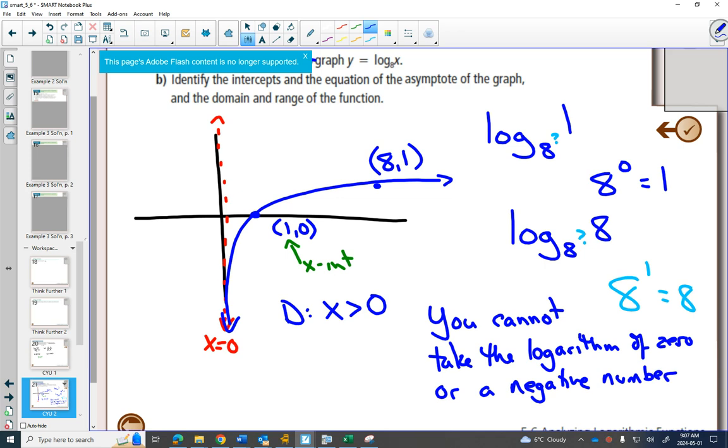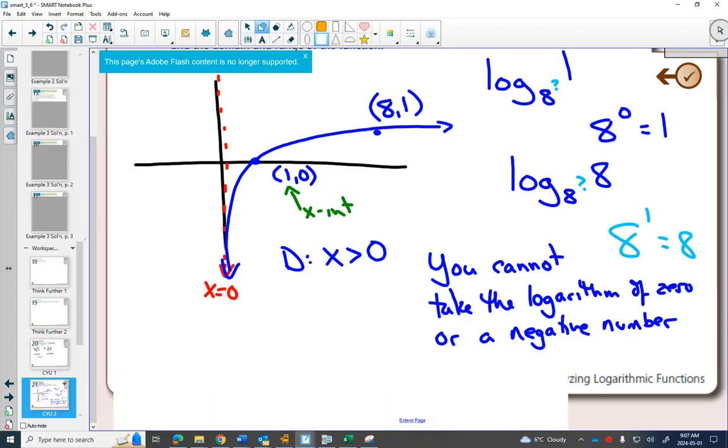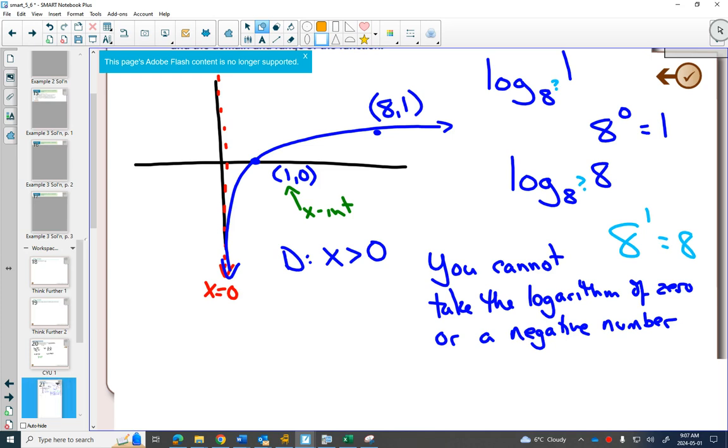You cannot take the logarithm of 0 or a negative number. And if you want to see why this happens, try it. Let's try it.